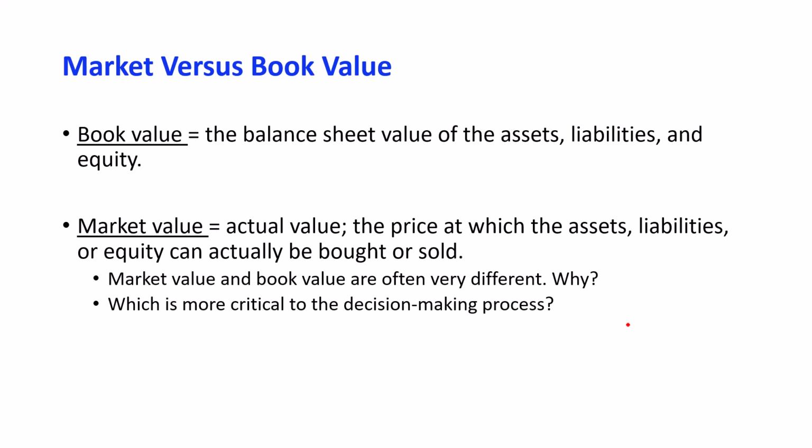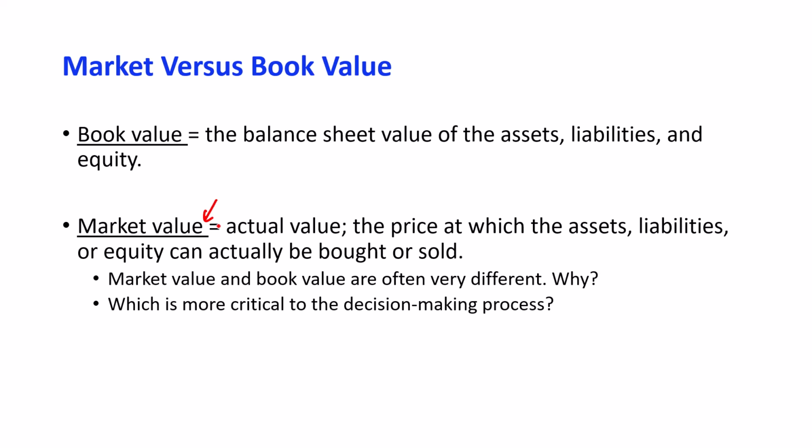So let's dig deeper into the difference between these two. According to US GAAP or other accounting standards around the world, the assets on the balance sheet are based on their book values or historical costs. And these assets are carried on the books at their purchase price minus the accumulated depreciation that they have, regardless of how long ago they were purchased and what they are worth today.